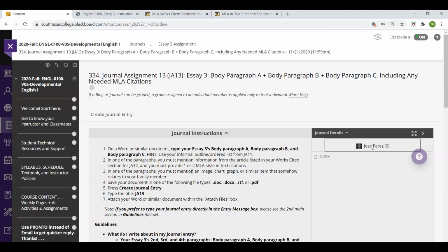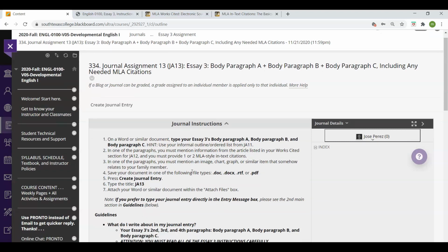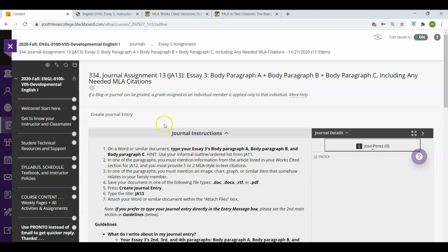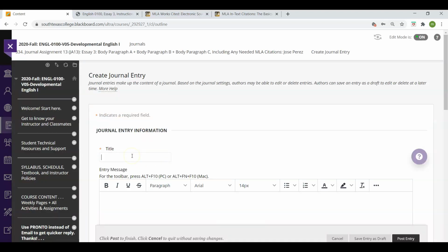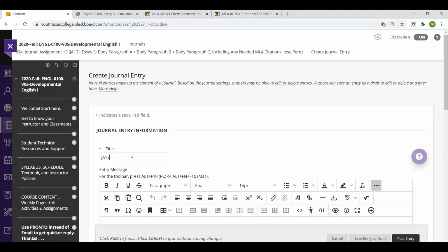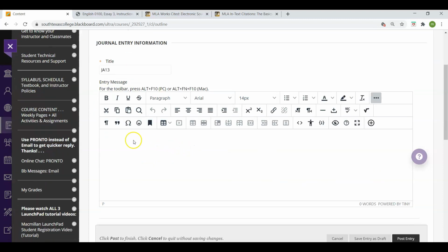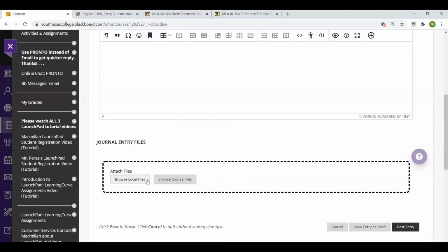All right, so this is the journal assignment, these are the instructions. And of course, once you're ready to turn it in, you press here, right? As it says in the instructions, you type JA13. And then you can type your 3 paragraphs here, right? You can put them in there.